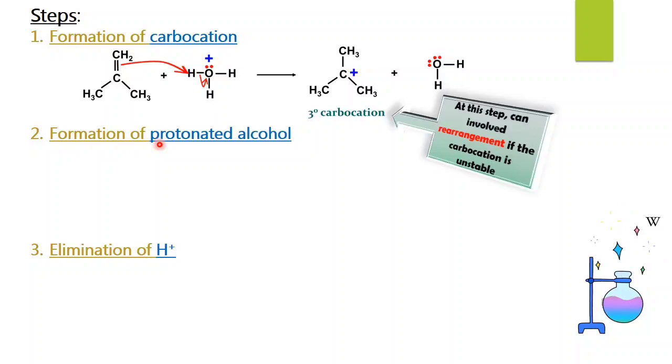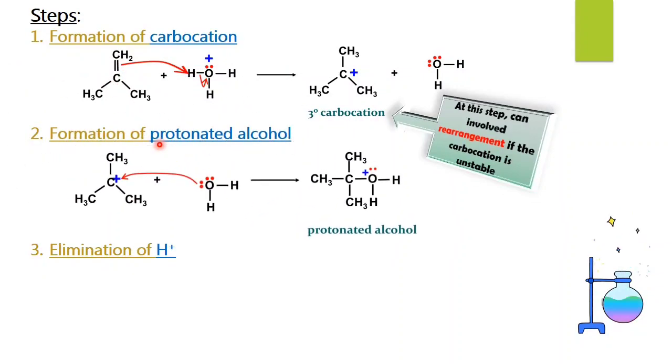The second step is formation of protonated alcohol. Okay, so what happened here? The carbocation will react with the H2O from just now. It will react again with the water that is present.